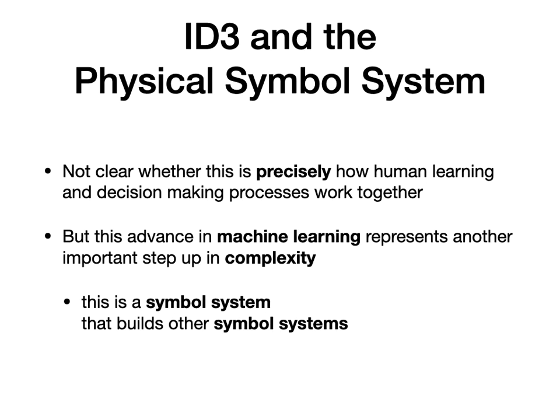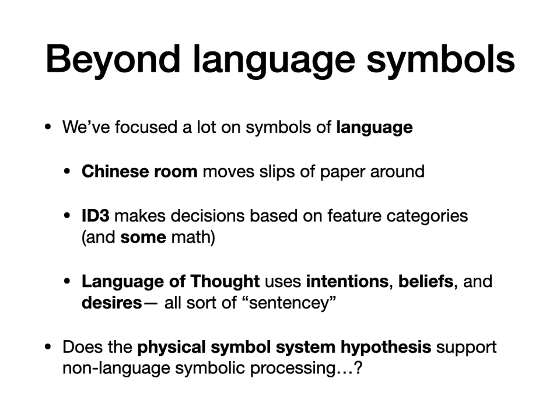So it's this nice movement forward in machine learning that helps us to ramp up the complexity of our decision systems. And it's a symbol system that helps to build other symbol systems, and I just think that's kind of neat.